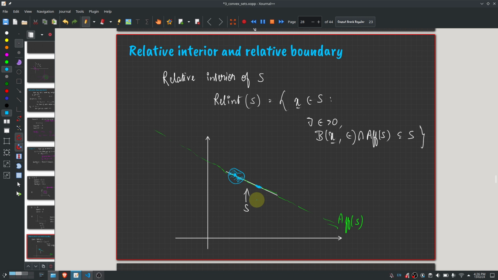So it is a set of all points in this set within which I can draw a ball, right? And which is still contained in S. Correct. So it would be the segment without the endpoints, right?